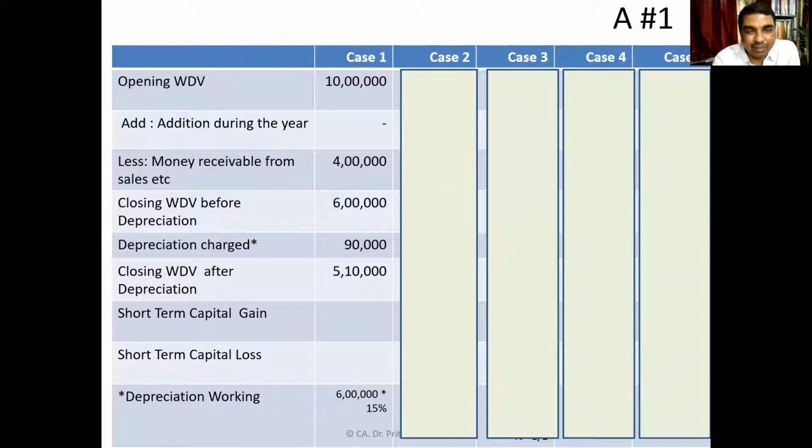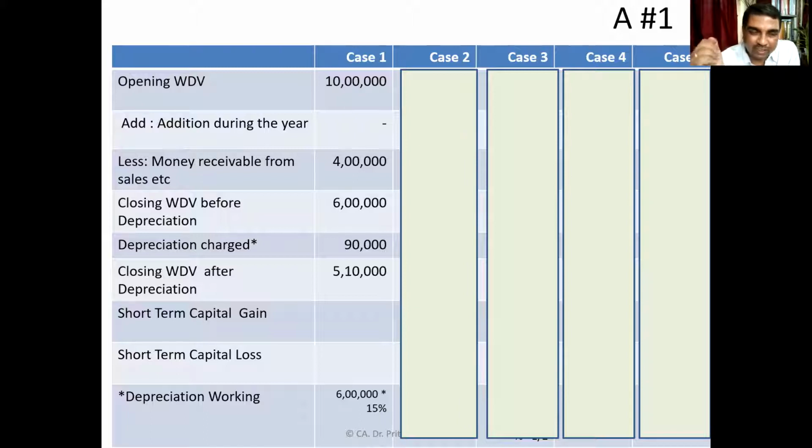So closing WDV is 10 lakh minus 4 lakh, 6 lakh rupees. Depreciation, you know, is 15%. On this 6 lakh rupees, 15% will be charged, and the closing WDV after depreciation is 5 lakh 10,000 rupees. There is no short-term capital gain; there is short-term capital loss. Because the block exists, there are three assets in the block and only one asset is sold.